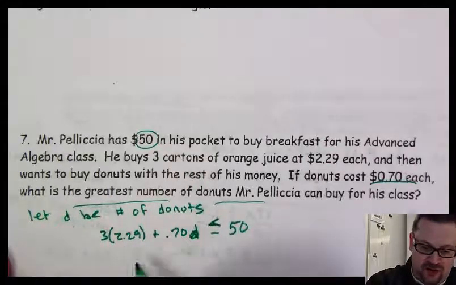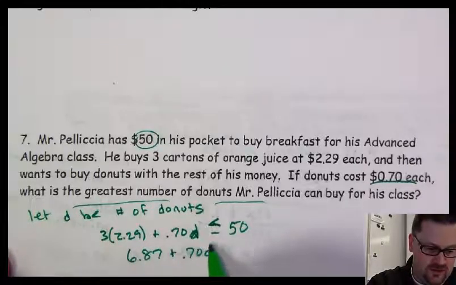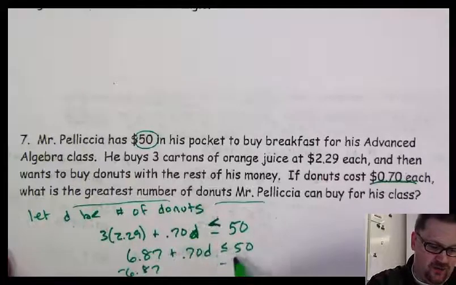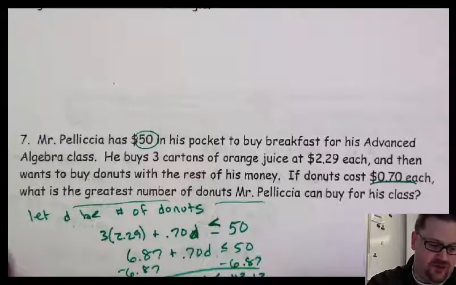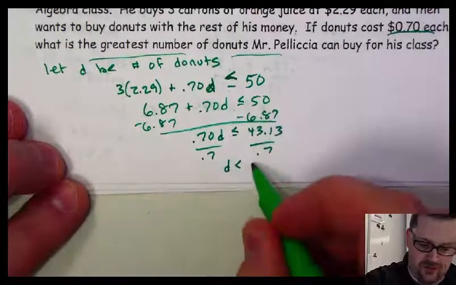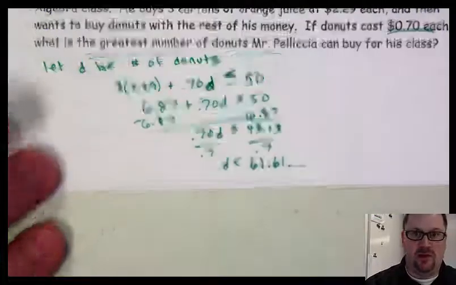Okay, so 3 times 229 is 687. Subtract 687 from both sides and get 0.70D is less than or equal to 43.13. Divide by 0.7 and get that D is less than or equal to 61.61 and so on.